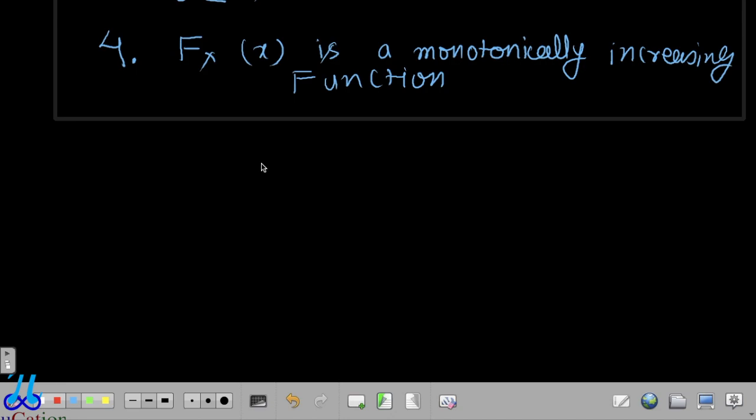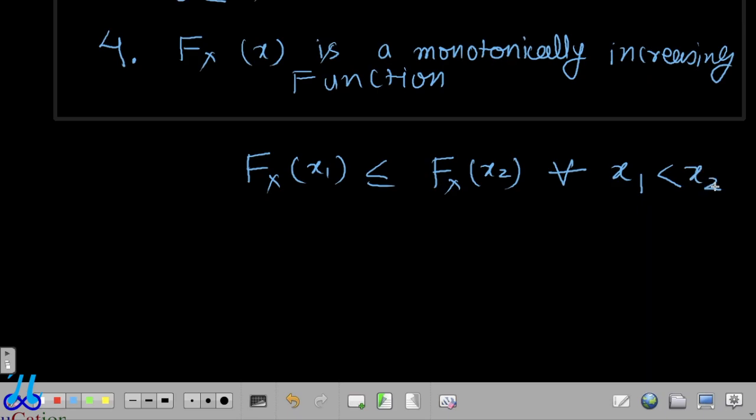One way of expressing that mathematically is that F of x1 is less than or equal to F of x2 for all x1 less than x2. So if x1 is less than x2, then the CDF for x1 is either going to be less than that of x2 or it will be equal to it, but it cannot be greater than that.